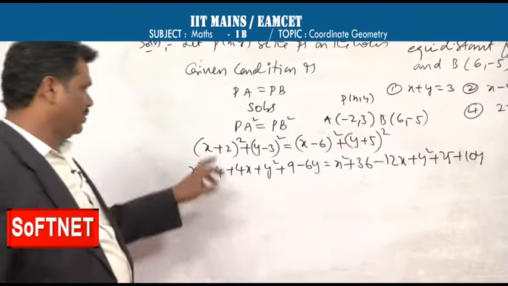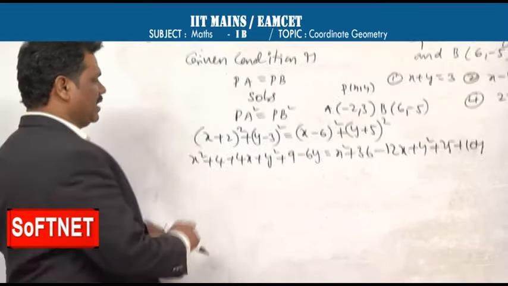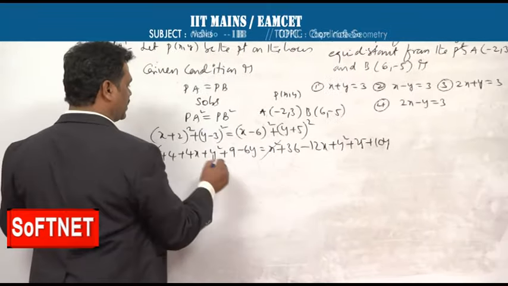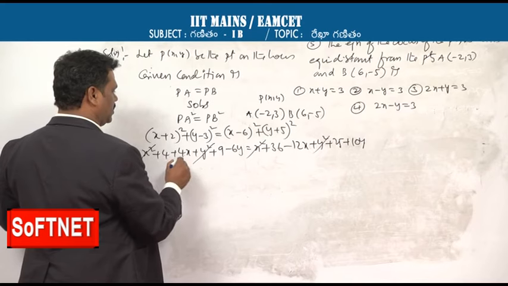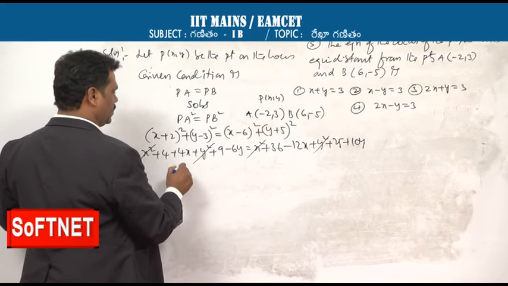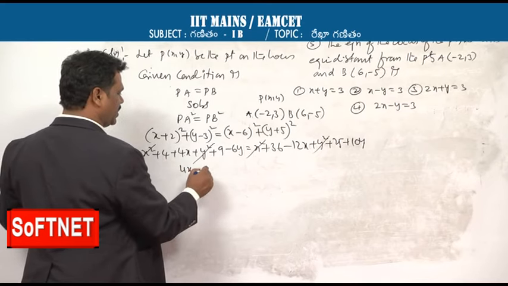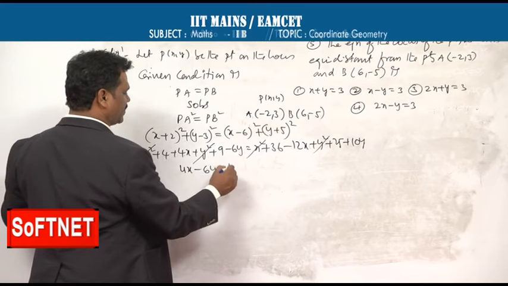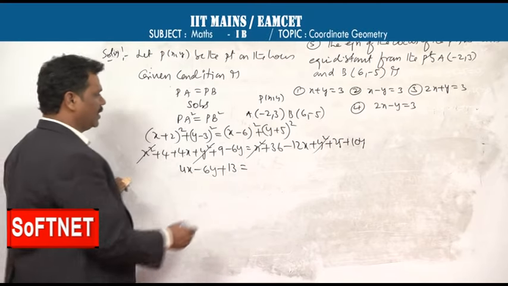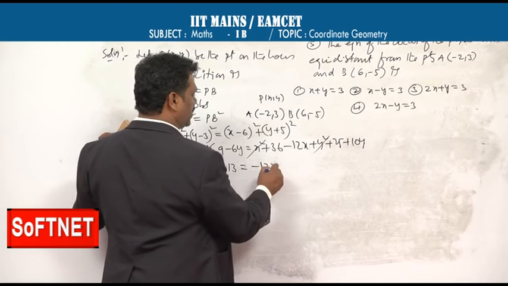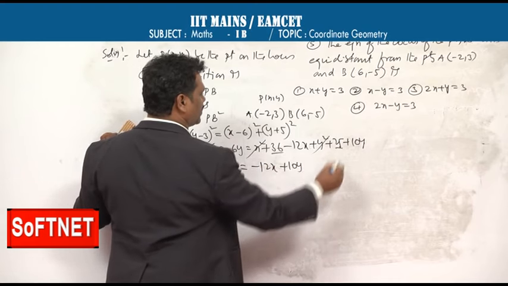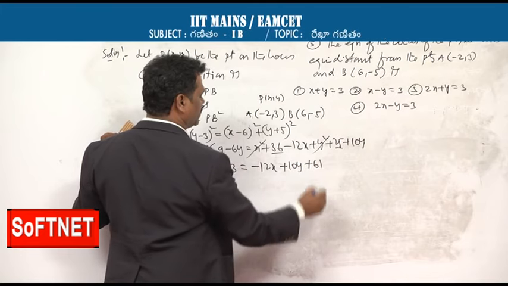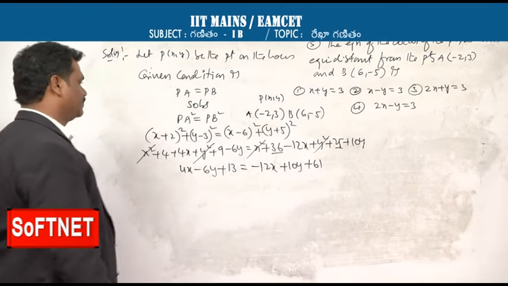Applying the (a plus b) whole square and (a minus b) whole square formulas, x square cancels and y square cancels. We get 4x minus 6y plus 13 on the left hand side, and on the right hand side minus 12x plus 10y plus 36 plus 25, which is 61.